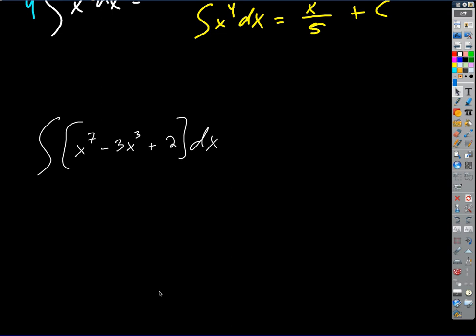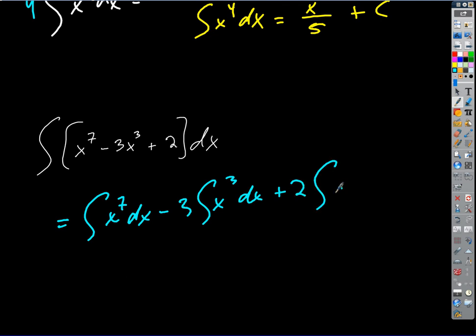You don't have to write this all down, but when you're doing problems like this, you want to think about breaking each of these into separate integrals. I'd pull the 3 out front. That's all I'm doing.